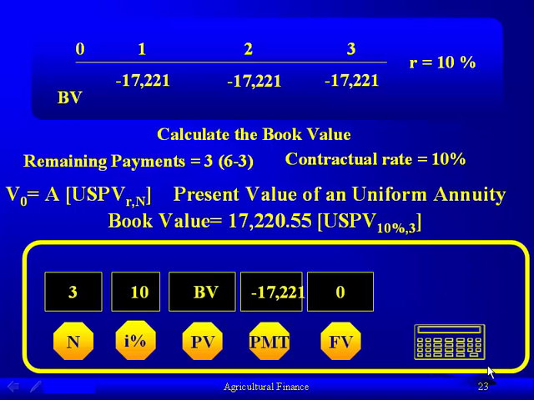We plug this into our calculator, 3 N, 10% I, $17,221 as payment, zero out the future value, compute the present value, which will lead us to the book value, and it comes out to $42,824.90, exactly what we found through the amortization schedule.